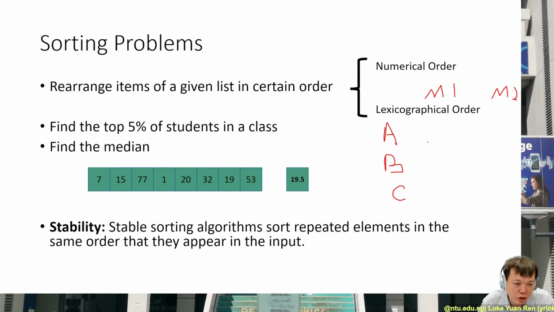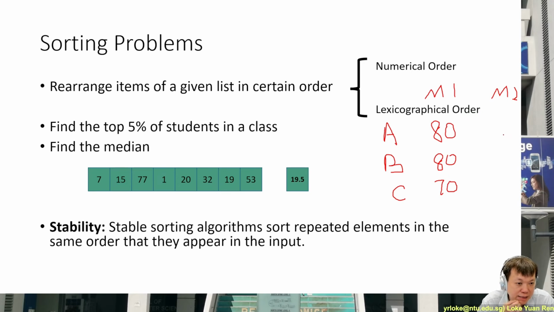Student A receives 80 marks, student B receives 80 marks also, and student C receives 70. They are already sorted in order.